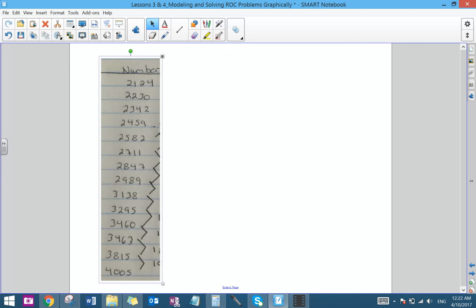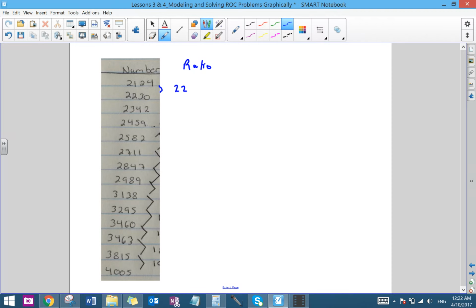So what we'll do is calculate the ratios to confirm or deny that it is exponential. With our first ratio, we take the second value and divide by the first, so we'll find the quotient of those two numbers.